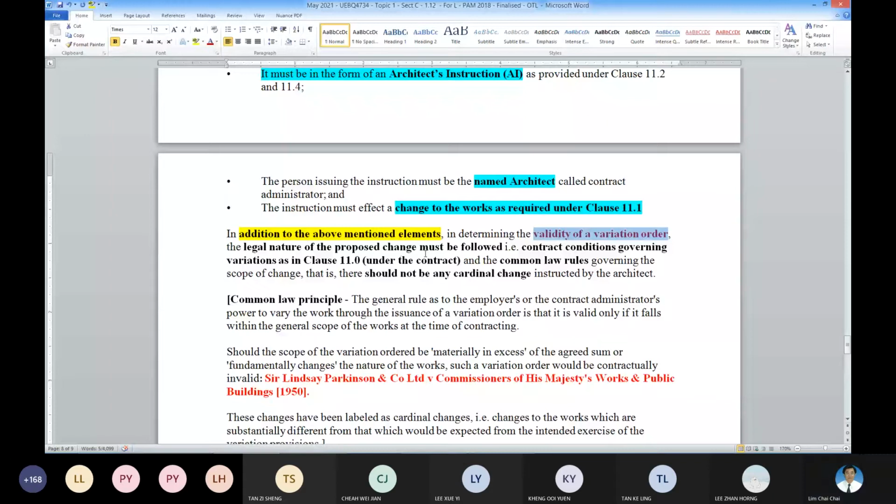What the project is all about needs to be followed, and it mustn't be a cardinal change. If it's a cardinal change, it is an invalid VO.